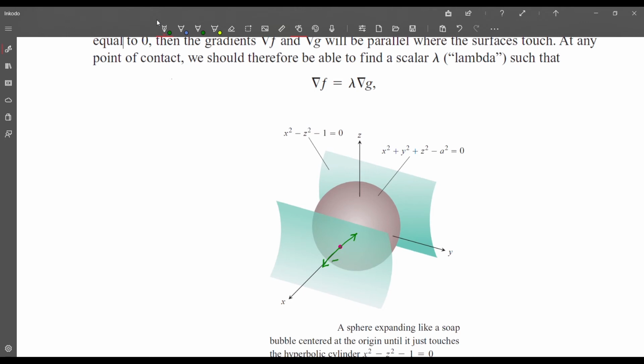So this is your del f and this is your del g, and you can say that del f is equal to some lambda times del g, or that these two vectors are parallel, maybe in opposite direction, no problem, it is parallel.